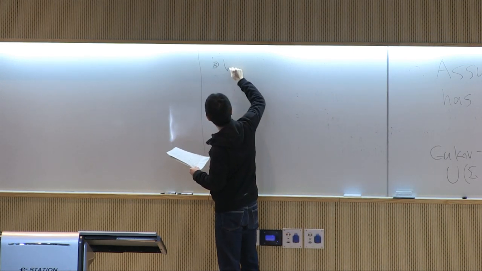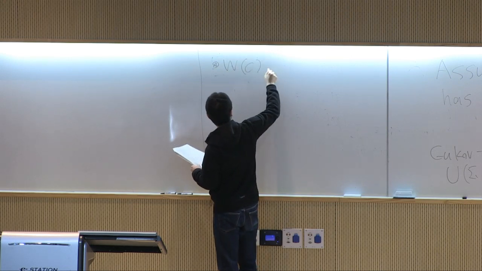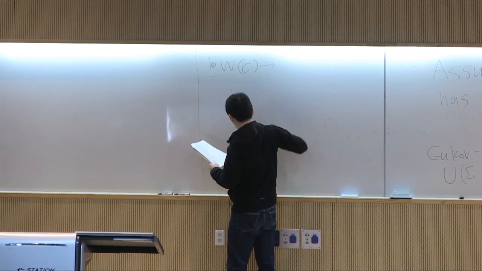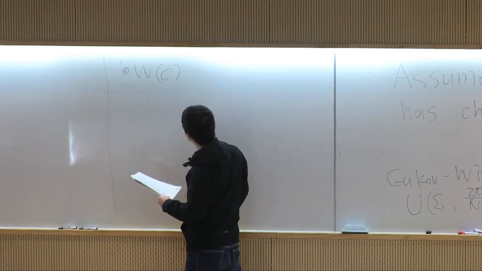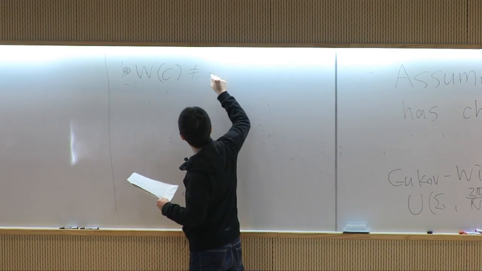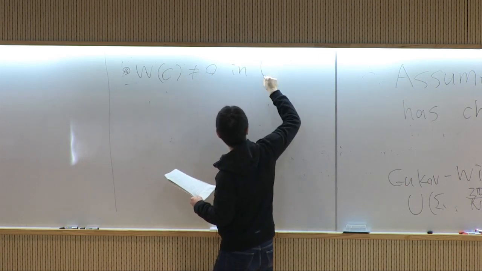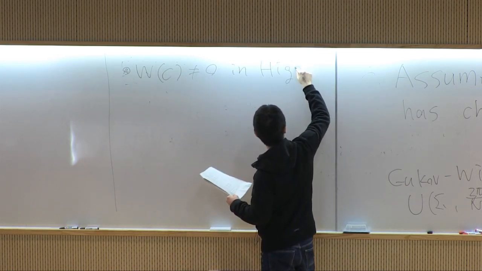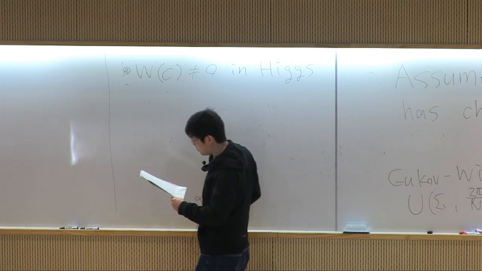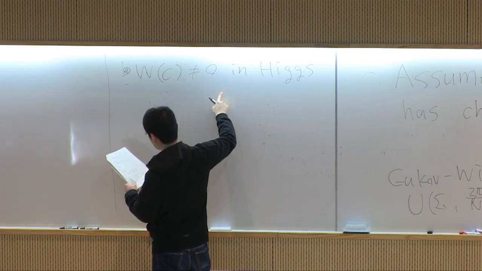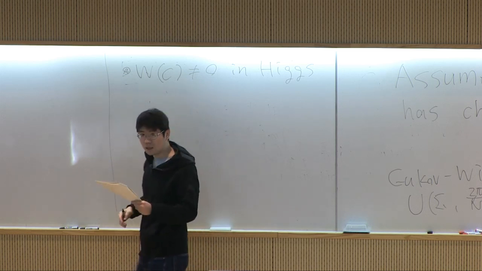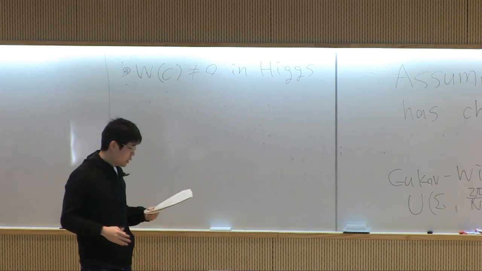The fact that this Wilson loop operator is non-zero in the Higgs phase is very easy to see, because in the Higgs phase the gauge boson becomes massive.